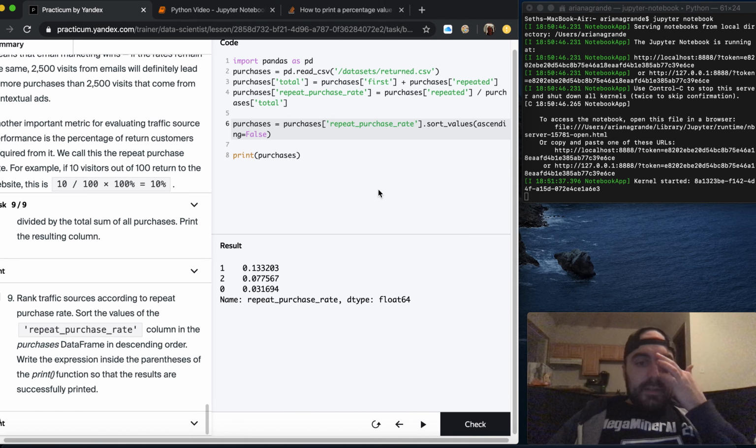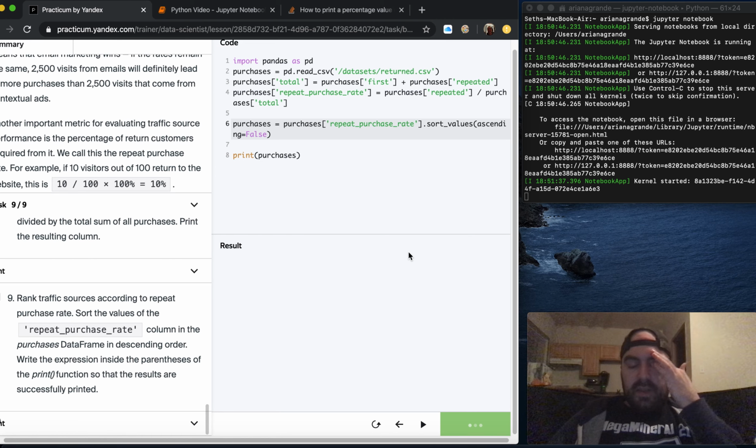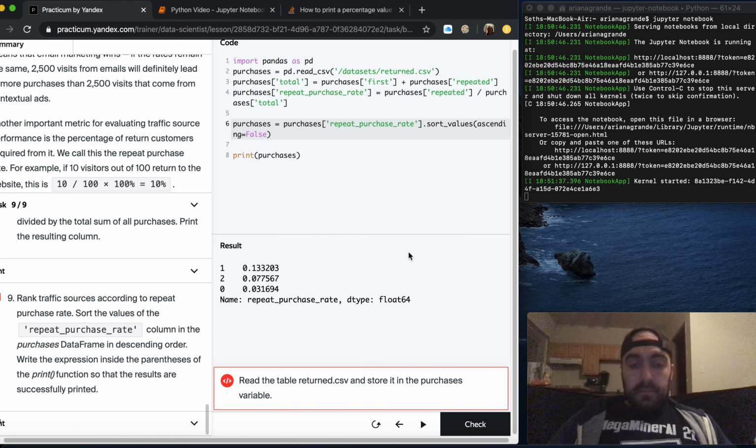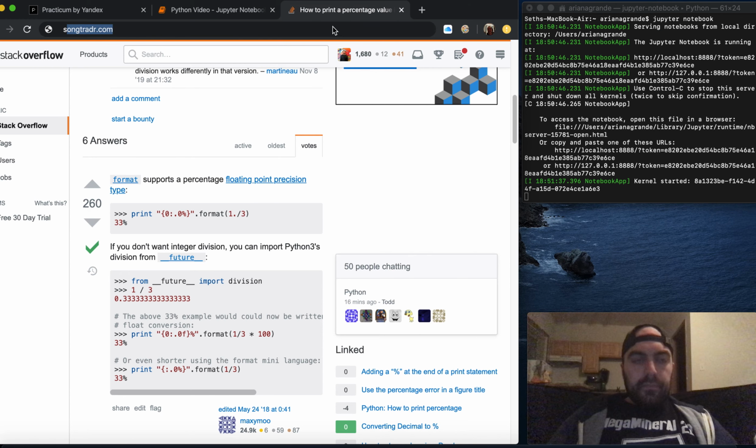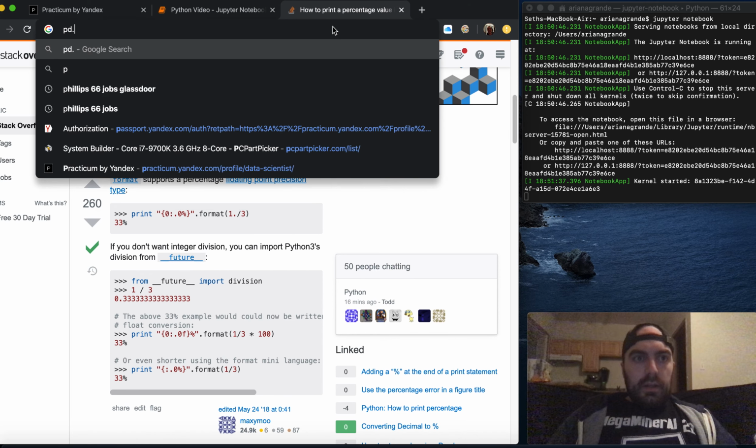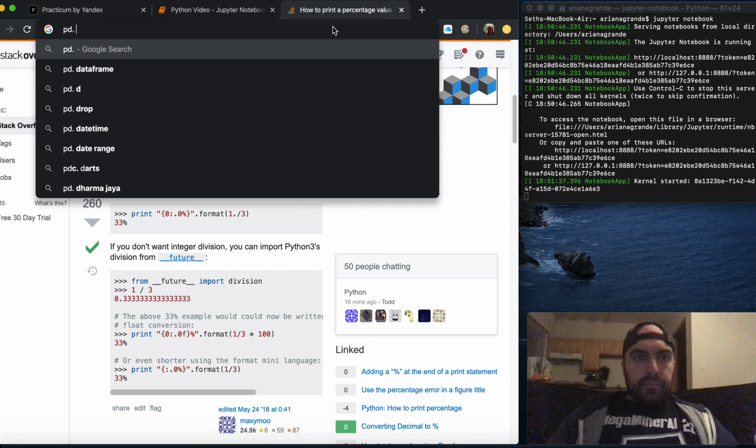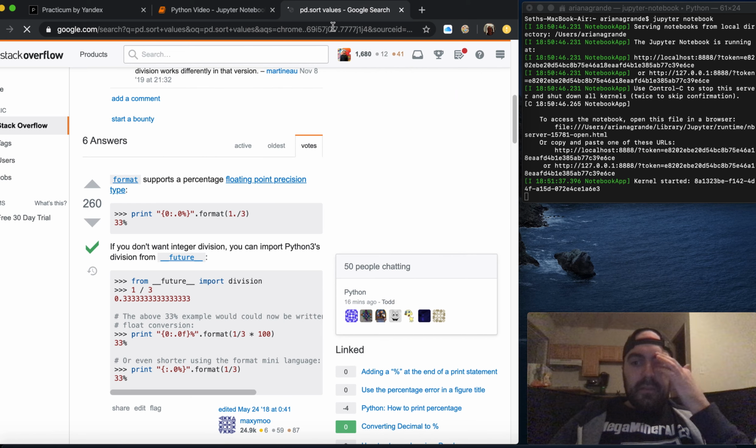Okay, that's in order, but I'm not sure if they want us to actually print the rest of the table with it, so I'll have to figure that out if they do. Let's see. Let's go to sort values, pd sort values. I think you have to put like key or something as a parameter.